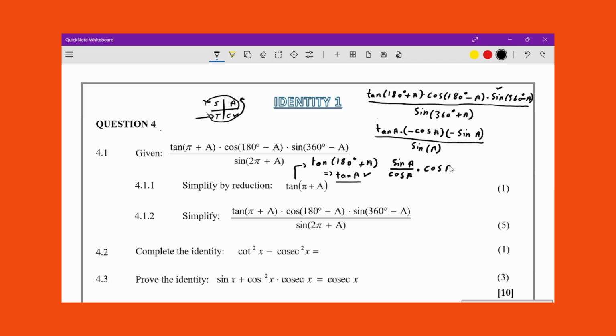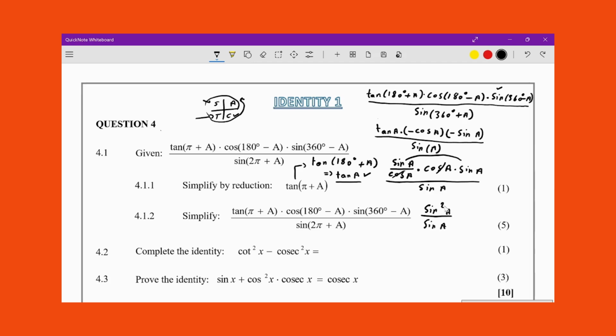So cos and sine multiply each other. Here I'll have cos a multiplied by sine a, and then I divide everything by sine a. You will notice that cos is in the numerator and also in the denominator, so those cancel out. But sine and sine here multiply each other, so I will have sine squared of a divided by sine of a.